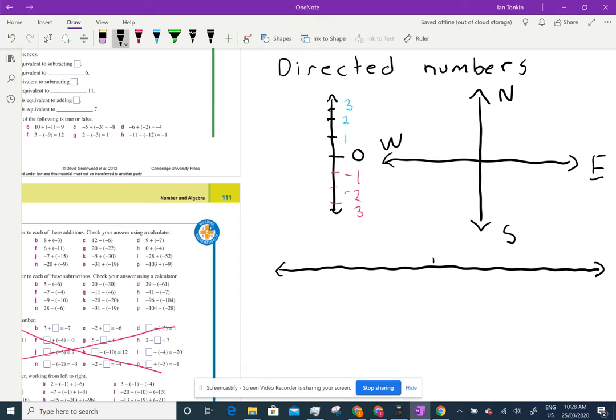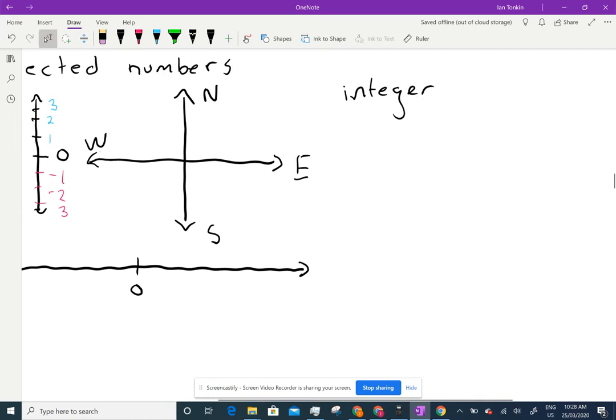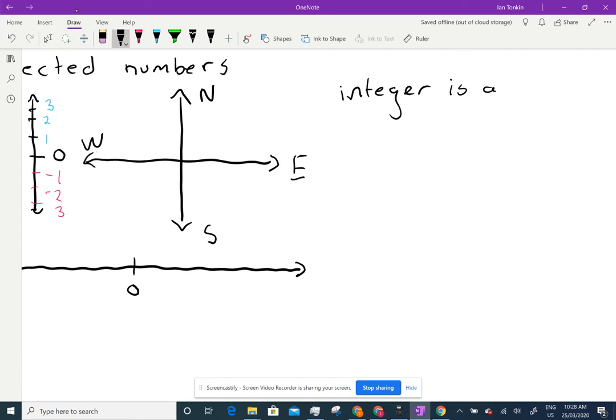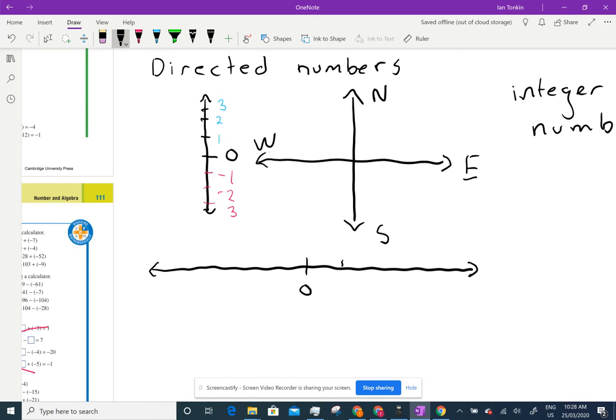Now remember, we are only talking about integers, so we're only talking about whole numbers. You need to write that somewhere in your book. An integer is a whole number. We're not going to be dealing with fractions or decimals, just whole numbers. To the right are our positive numbers, 1, 2, 3, 4.